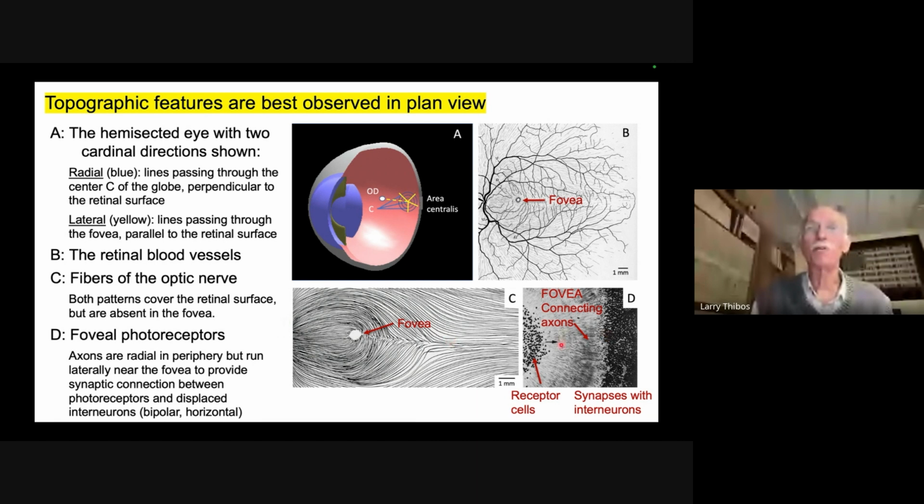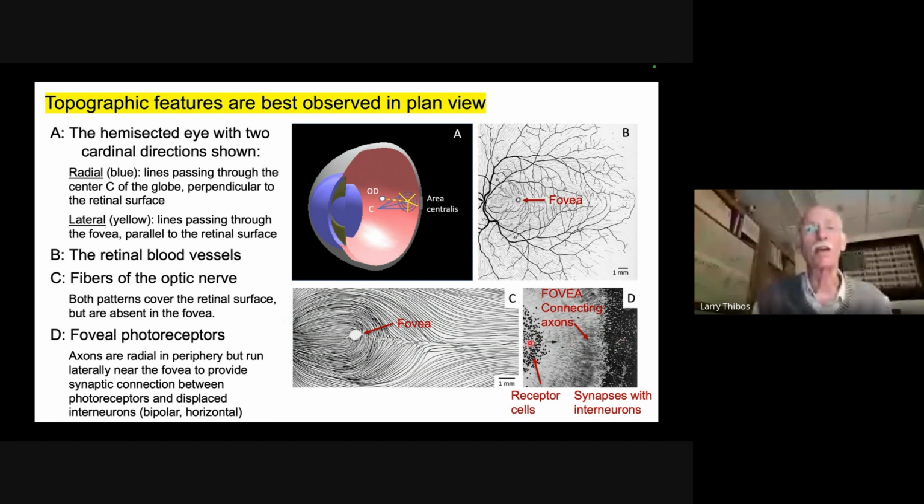And finally, we have on the right-hand side another plan view diagram. And this is positioned right at the edge of the fovea over here, where you're just starting to leave the fovea and go into the peripheral retina. And on this diagram, with all these little black spots, these are the nuclei of photoreceptors. On the right-hand side are the nuclei of the interneurons they have to connect to.